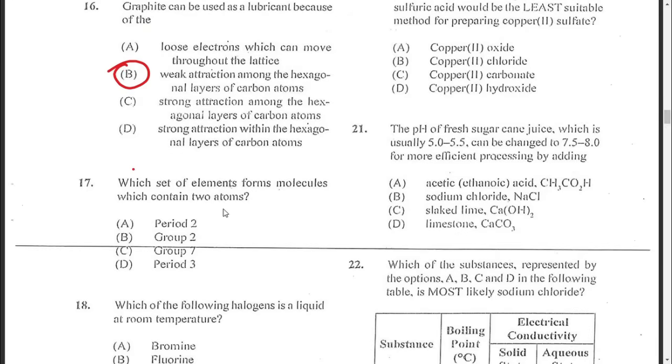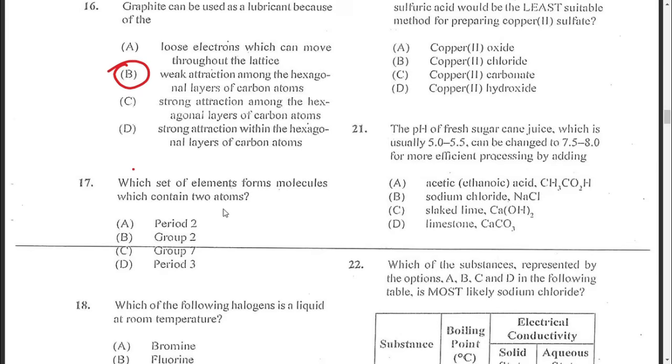Question 17. Which set of elements forms molecules which contain two atoms? Is it period 2? Oxygen is in period 2, but is it all the elements in period 2 starting from lithium all the way up? No. Group 2?